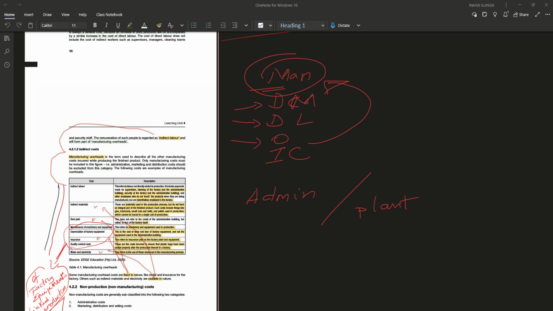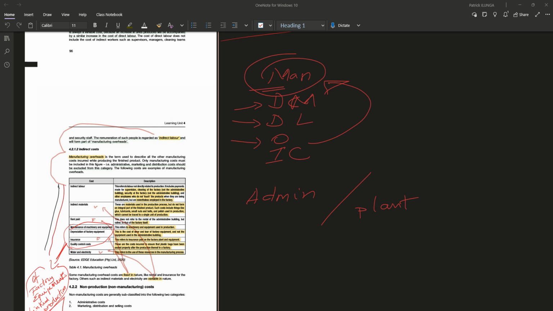So among those costs, you would have indirect labor and indirect material. We already touched on things like glue, lubricant, small nuts and bolts, polish. These sort of things are what we call indirect materials. For indirect labor, you would have, for example, the payment you have to give to supervisors, the cleaning of the factory, not the administrative building, not the offices.